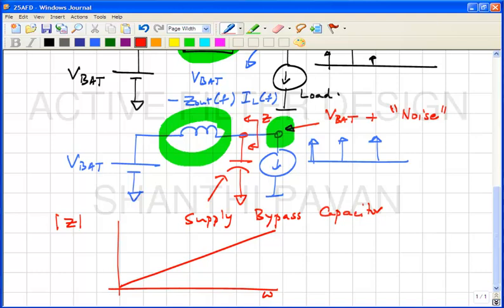If only the capacitor was there, what will happen? It will keep decreasing with frequency. Okay, this is the L, this is the C. So, what if now both are in parallel, what do you think will happen? The combined impedance will probably look like this. You understand?